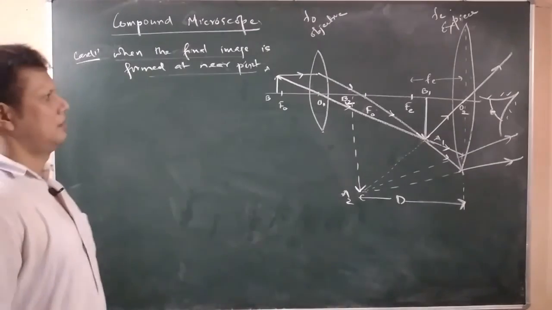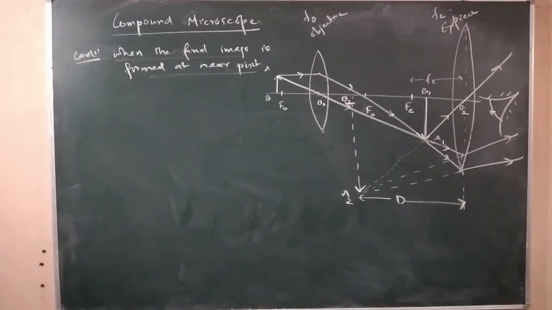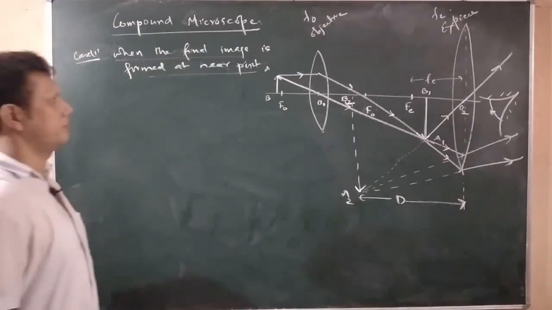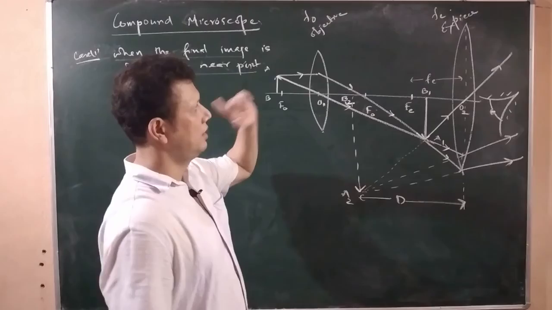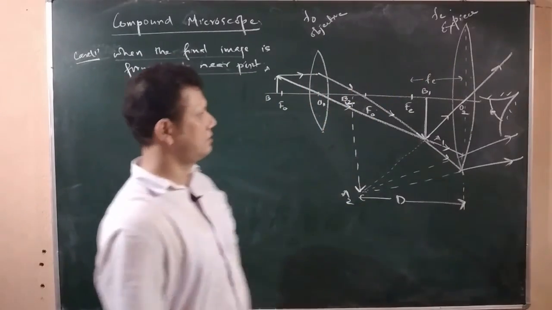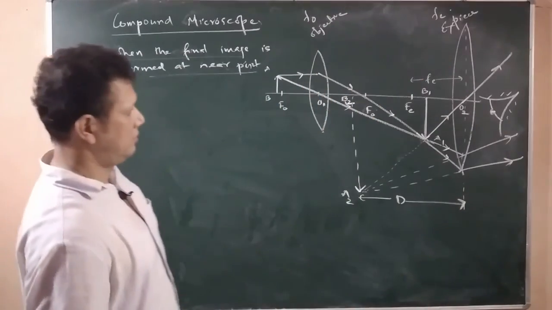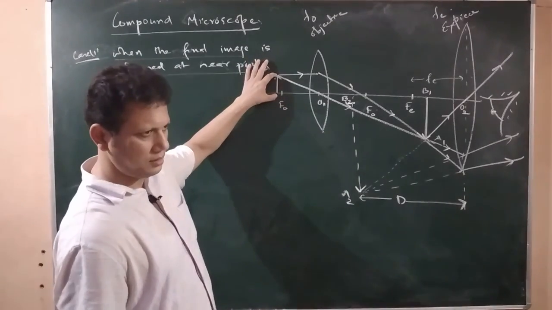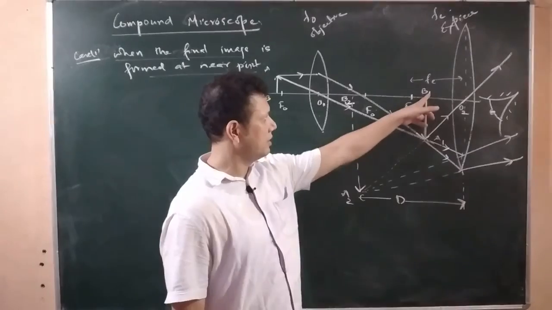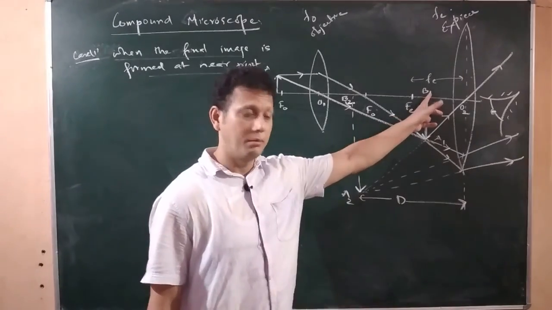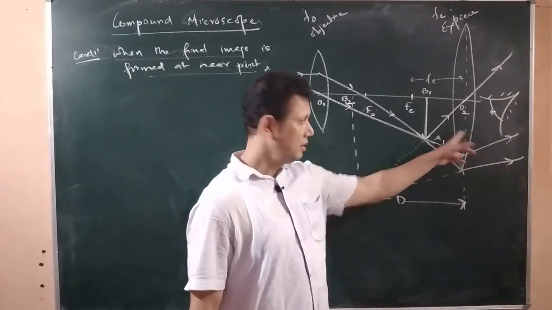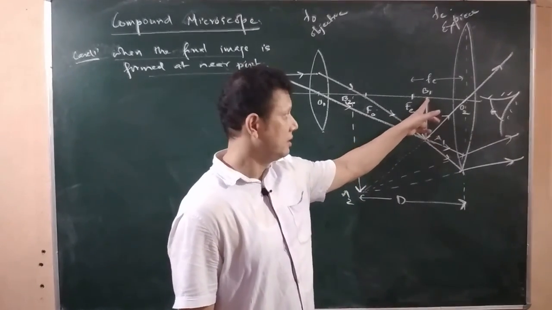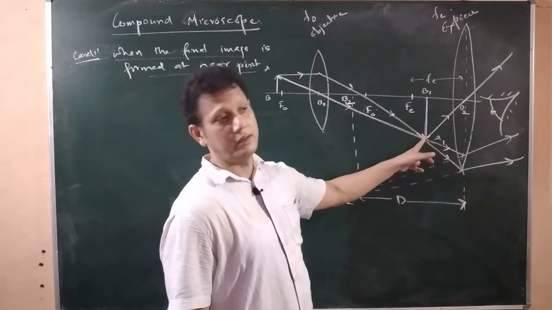diagram of a compound microscope in which there are how many lenses involved? 2, out of which one lens is known as objective lens and the other lens is known as eyepiece. For the first lens AB is the object, A1 B1 is the image, but for the second lens A1 B1 will be acting as the object, as the what object, it is a real object, as the real object.